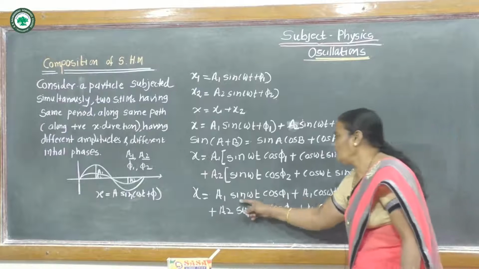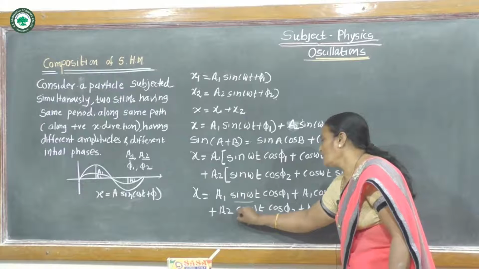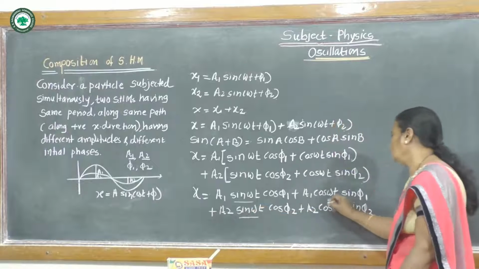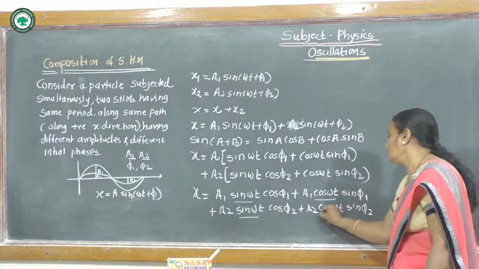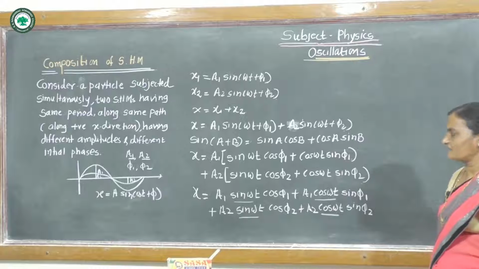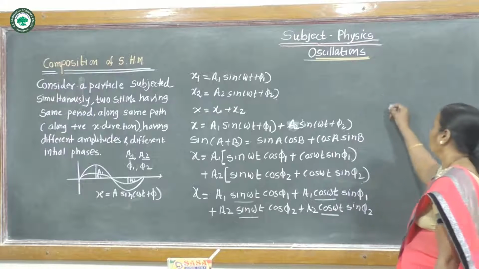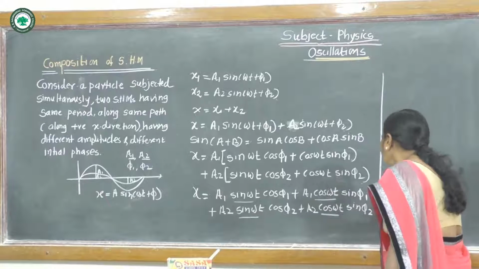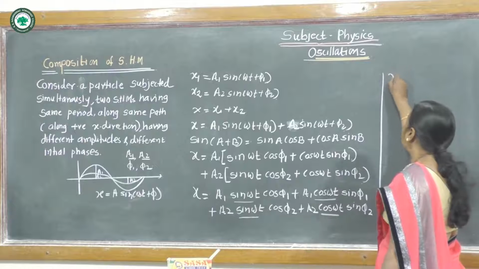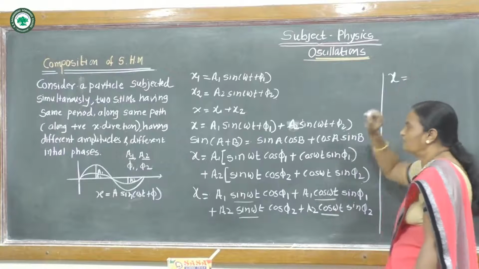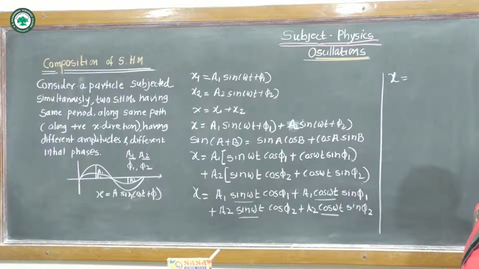Here sin omega t is common and cos omega t is common, so we rearrange the equation. This is the x resultant equation, the resultant displacement of the motion.